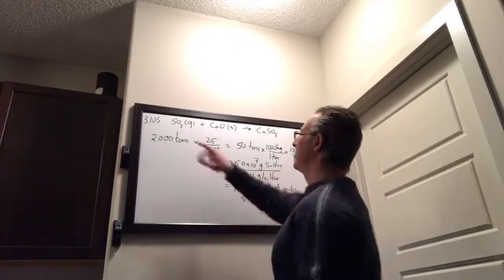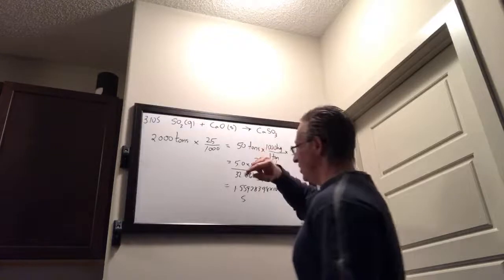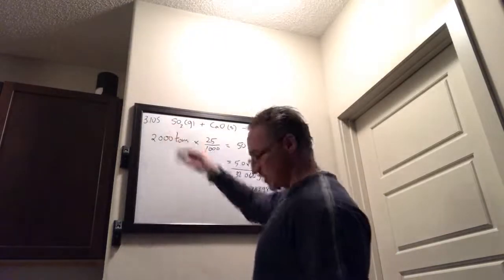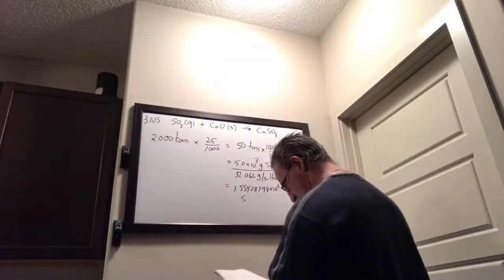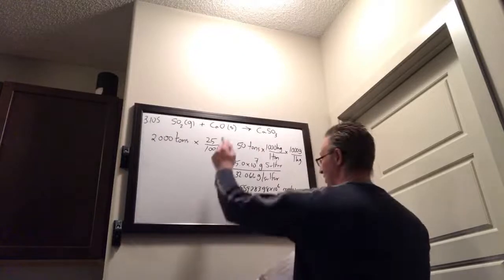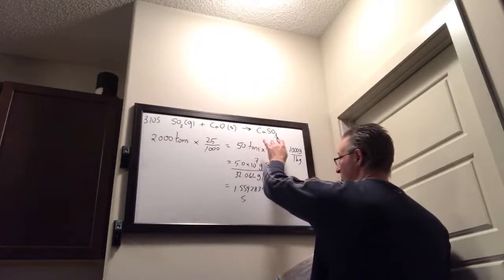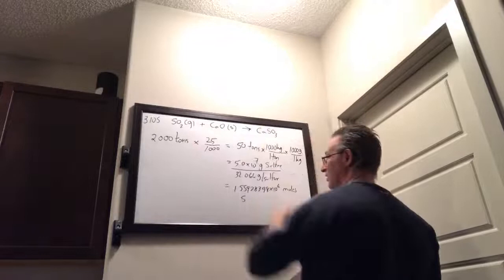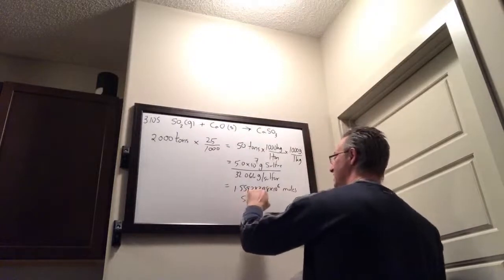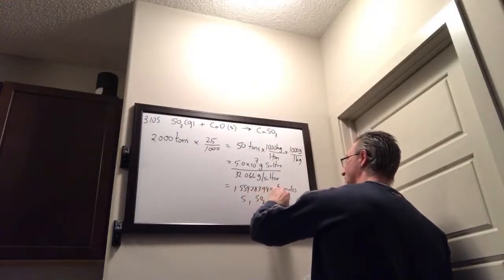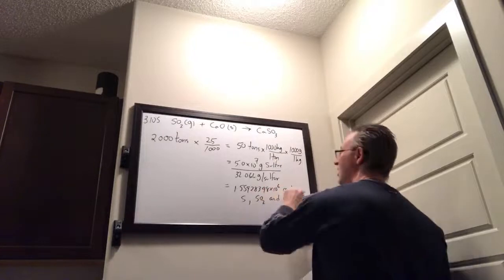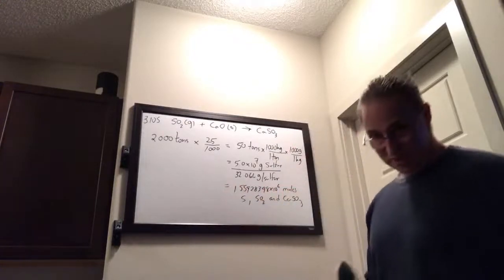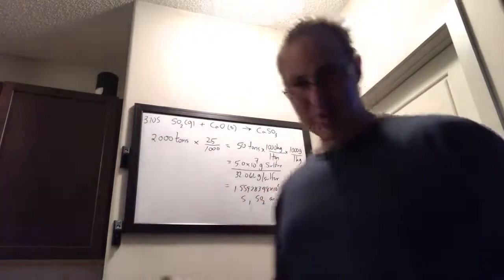And because the stoichiometry is such that for every mole of sulfur, you get a mole of sulfur dioxide, and you also get the same number of moles of calcium sulfite because it's a 1-to-1 ratio. So you can write S, SO2, and CaSO3. You're going to get the same number of moles for all three of those substances.